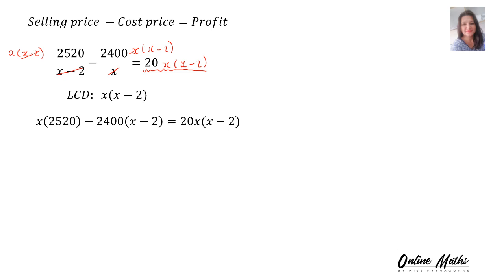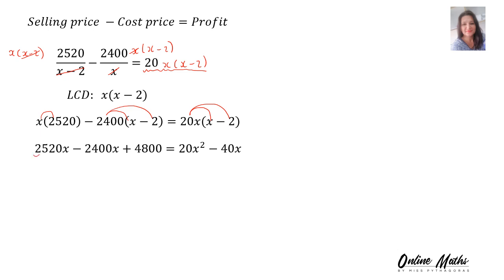Now in this step I'm going to get rid of the brackets, so I multiply in the X and it's 2,520x. On the second term I will multiply the negative 2,400 with X, and a minus times a minus is a plus. 2 times 2,400 is 4,800. And on the right hand side, 20x times x is 20x squared, and 20x times negative 2 is negative 40x.